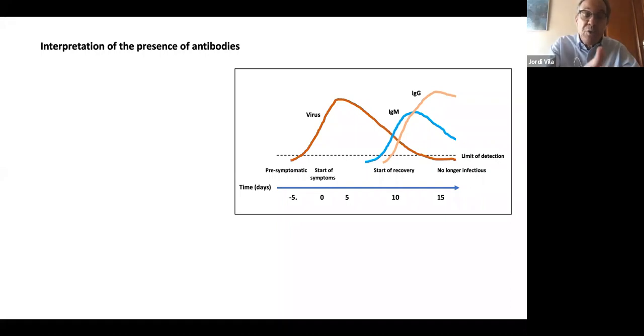So in these 2, 3, 4 days before the symptoms start, the patient can be contagious and can transfer the virus to the people surrounding this case. After time 0, the start of the symptoms, it has been shown that there is replication of the virus in the epithelial cells, and we can arrive at a level of 10 to the 8 viruses per microliter of sample.